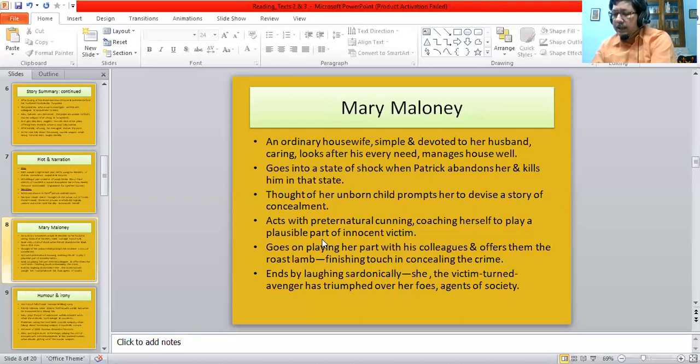But of course, that doesn't happen. So she remains in a state of shock as she goes to get the dinner for her husband. And it is in this state of shock that she kills Patrick.